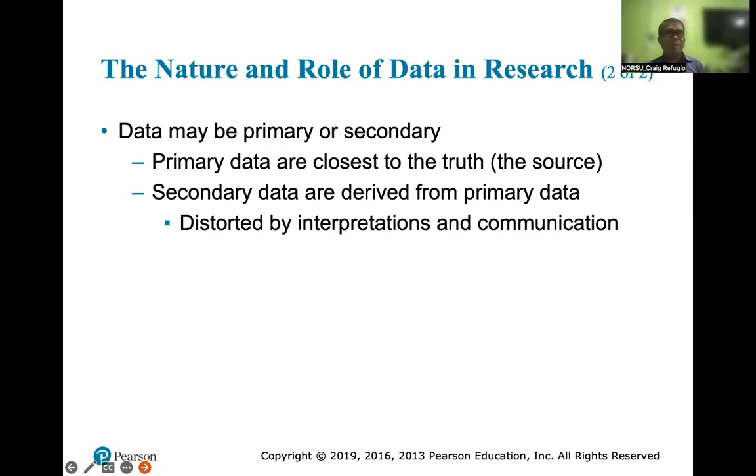But if, for example, I want to look at the age brackets, the birth rates, the death rates of people in a certain municipality or city, but I don't collect that data directly from those people, and I just go to the PSA, Philippine Statistics Authority, and look at their website, and I collect data from that website, then the data that I have collected are secondary data.